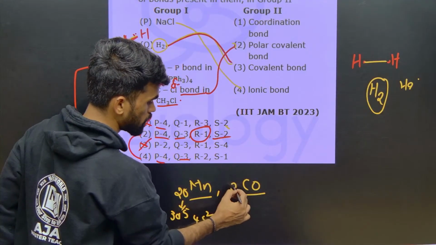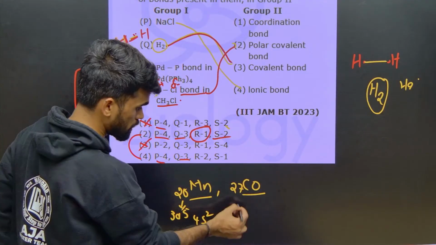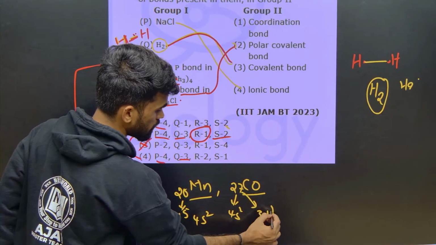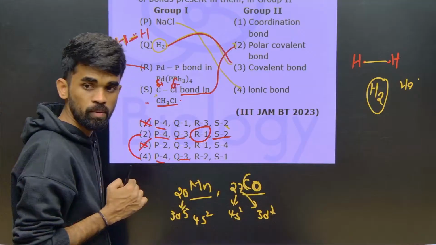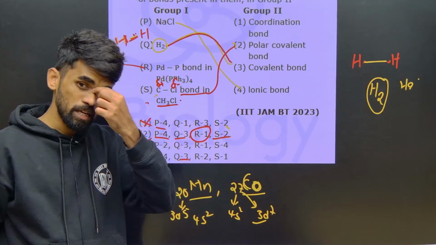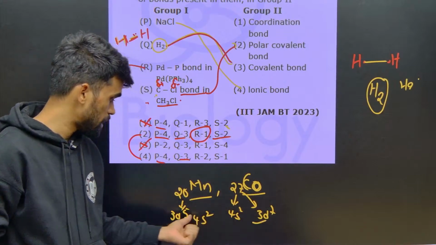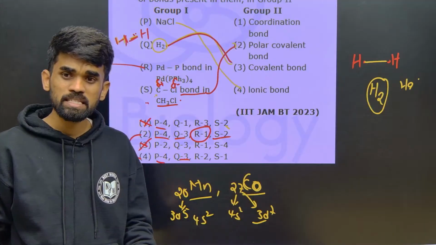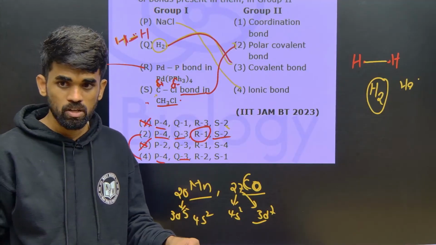For atomic number 27, I told one trick, 4s2, 3d7, something like this you should write. There are 5 d orbitals, and in that only 7 electrons, here only 5 electrons, so there is more space to accommodate electrons.